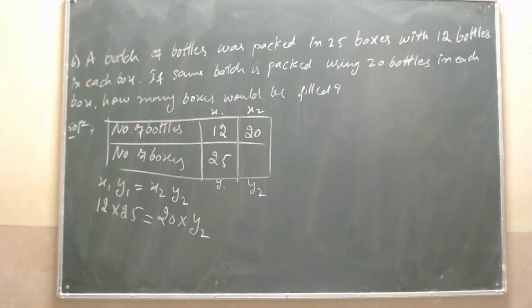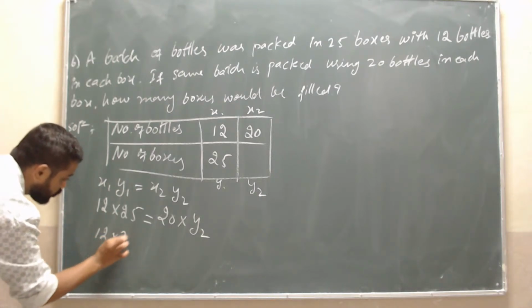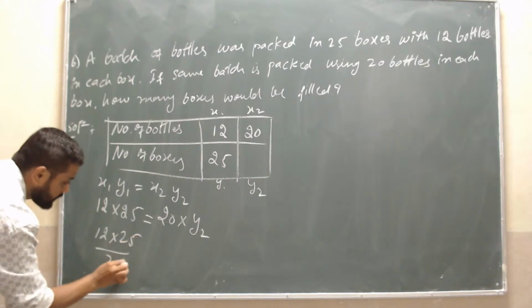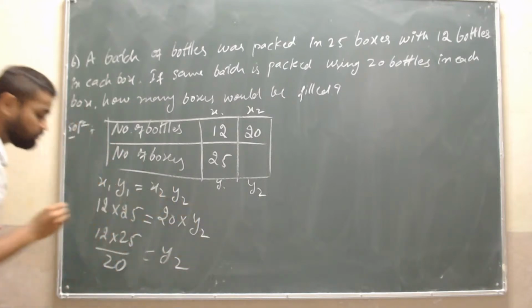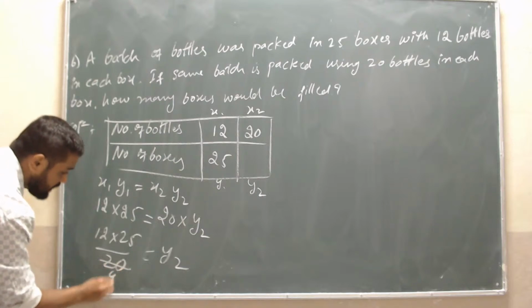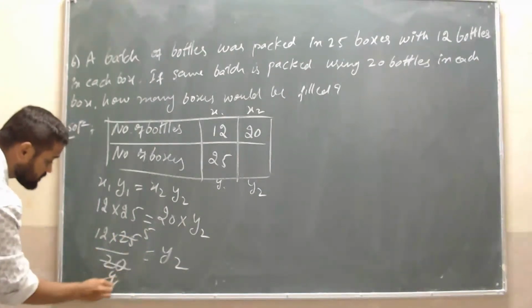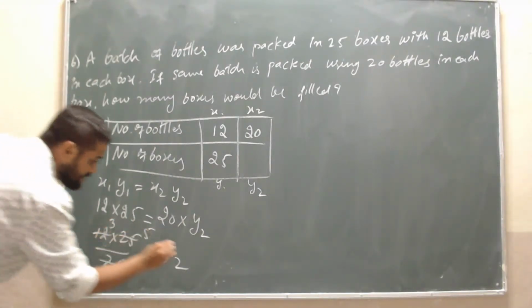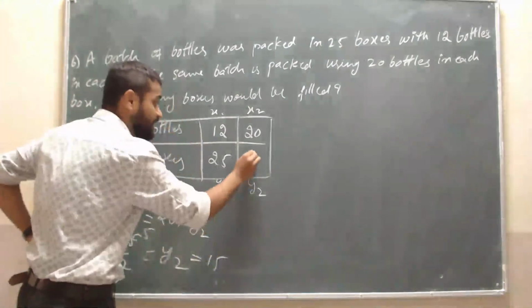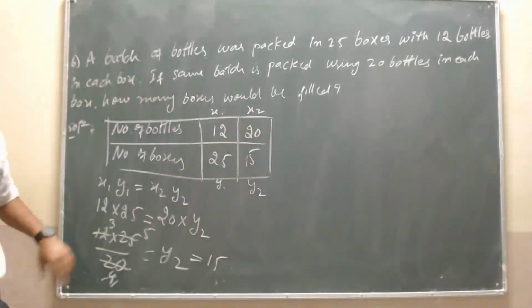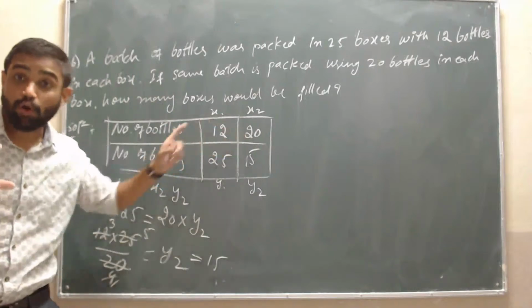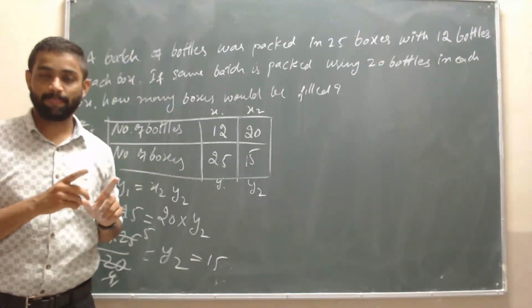Then 12 into 25 divided by 20 is equal to y2. 5 4s are 20, 5 5s are 25, 3 5s are 15. Very good, children. There are 15 boxes filled with 20 bottles in each box.